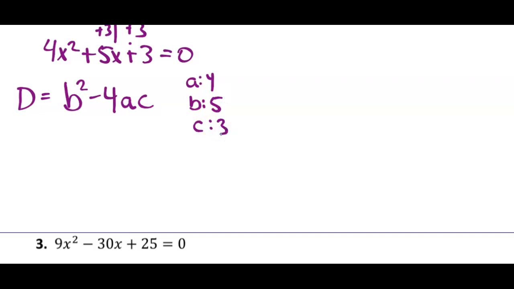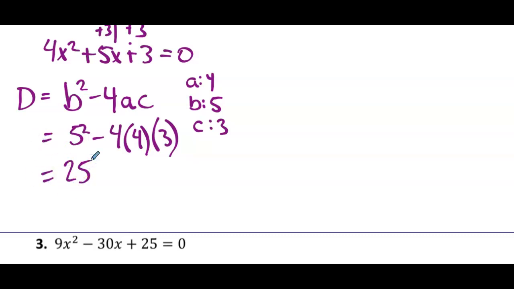And so I'm just going to plug those in where they go. So 5 squared minus 4 times 4 times 3. I'm not doing anything else with the quadratic formula. I'm just figuring out, does this work? Where am I going to get to? Well, I've got 25 here.